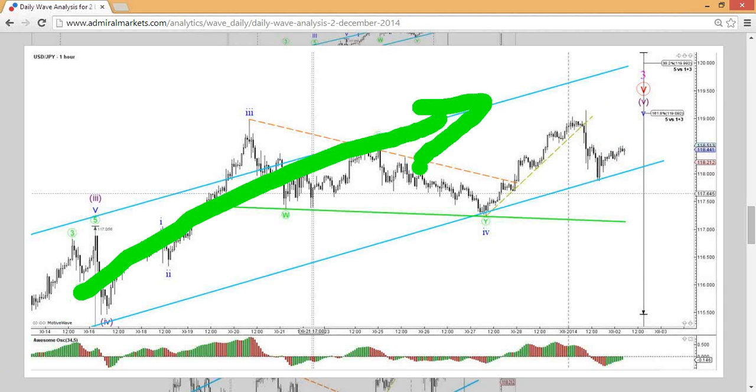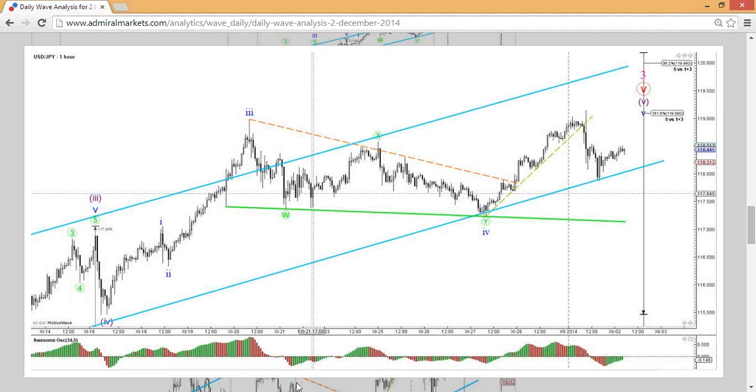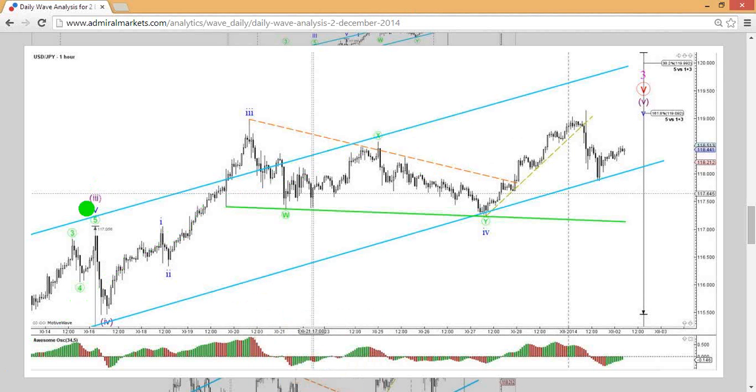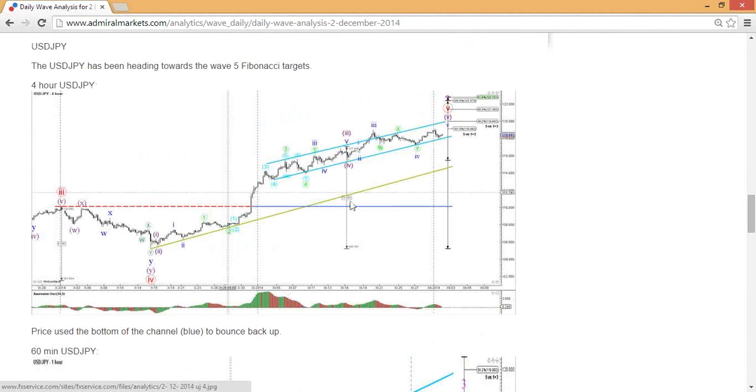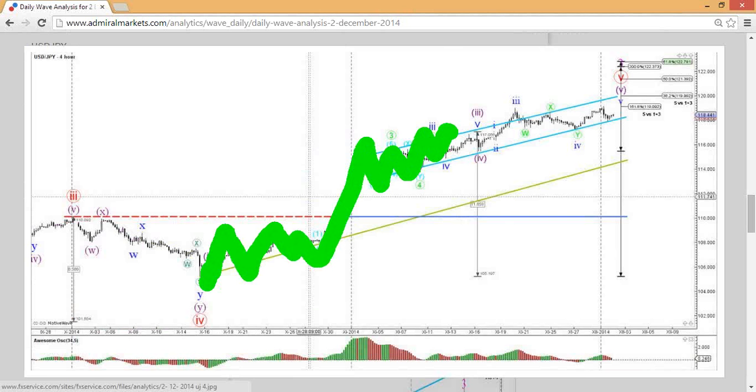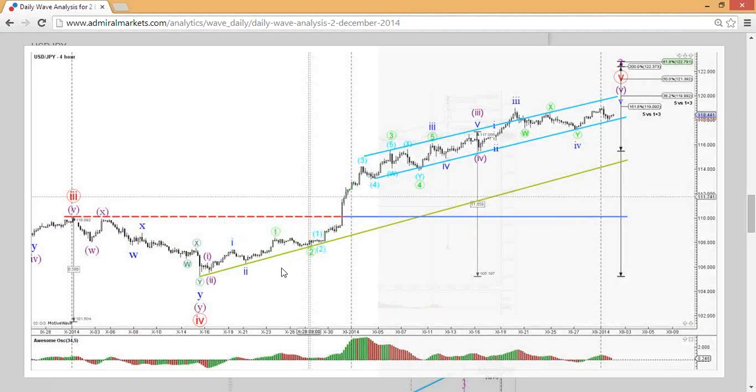Of course, this is a mega uptrend, so you had a lot of extensions in that upside. Let me show you here on the 4-hour again: you can see a wave 1, 2, 1, 2, 1, 2, 1, 2, and then boom, the 3, and then we just kept making 3, 4, 5s, 3, 4, 5s, 3, 4, 5s. Typical movement.